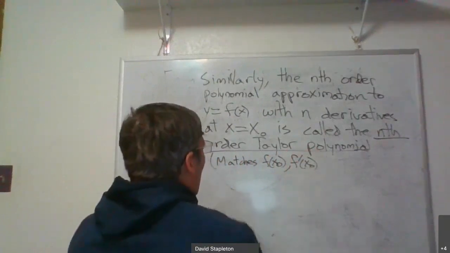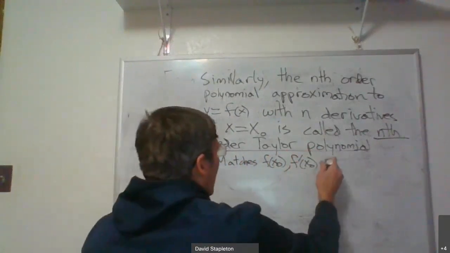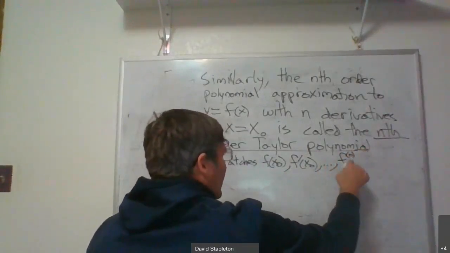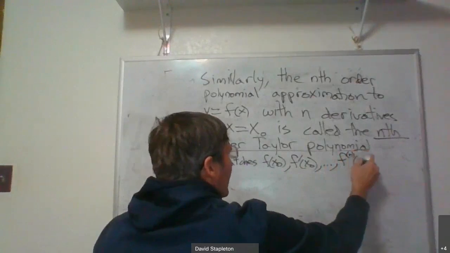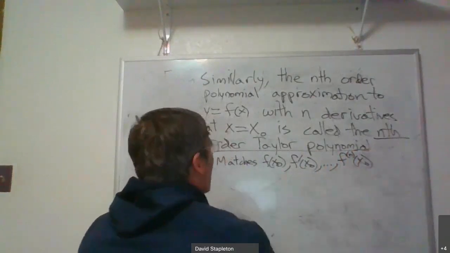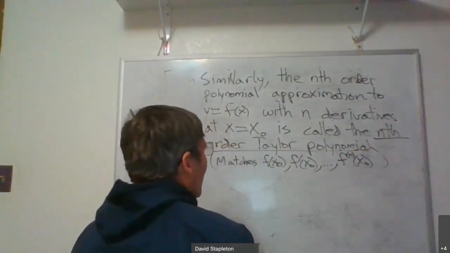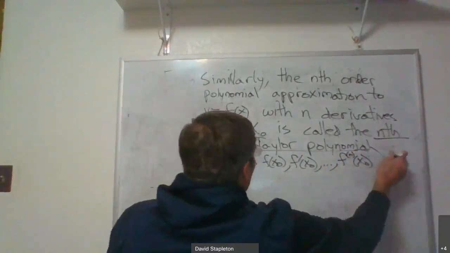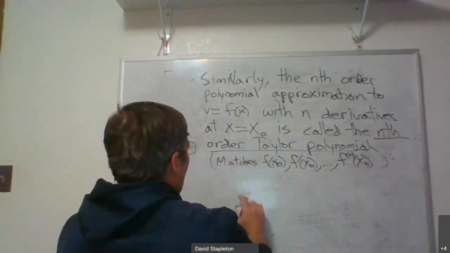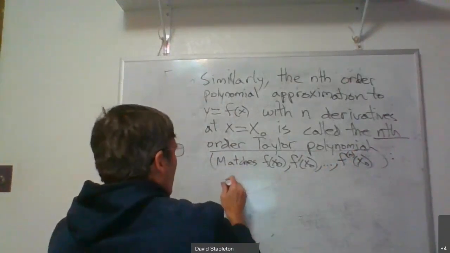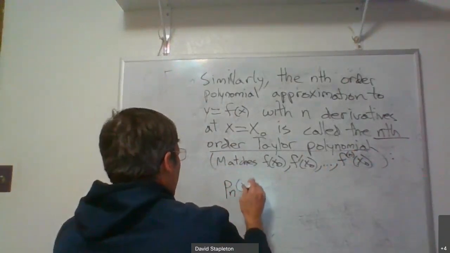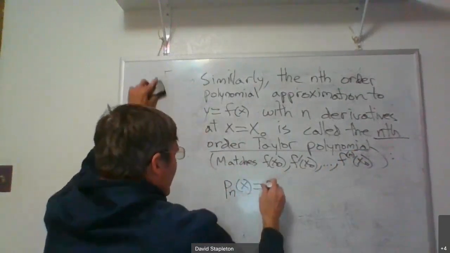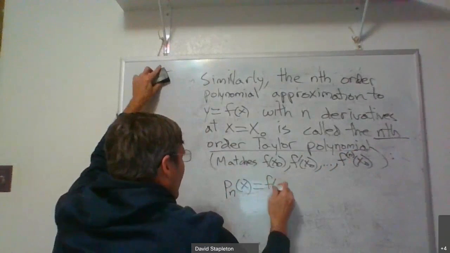Its derivative matches f prime at x0, all the way down. For the nth derivative, I'll put parentheses, that means the nth derivative at x0. So it matches all those derivatives at x0. And it is P n of x, which is the notation the book uses. And it is f at x0.